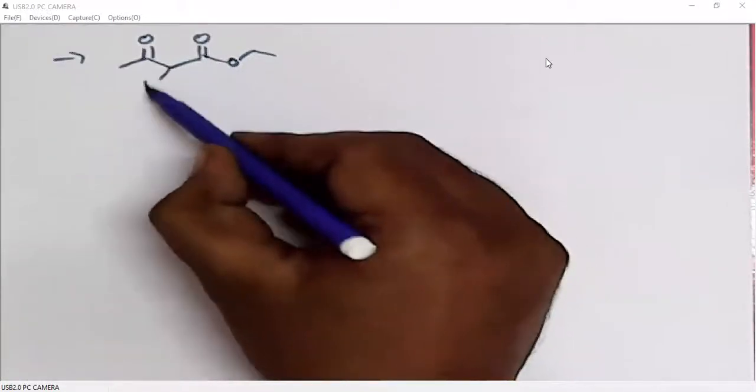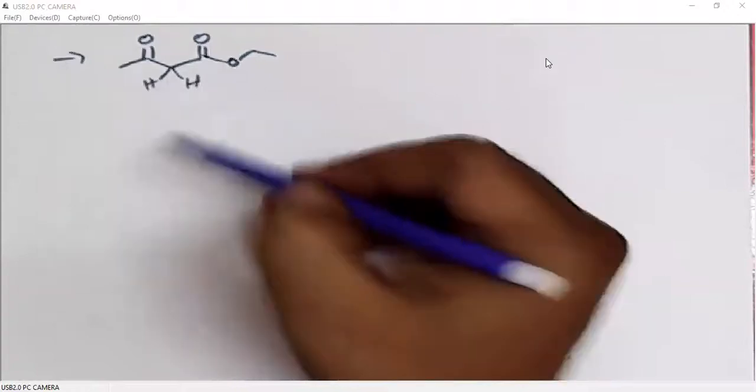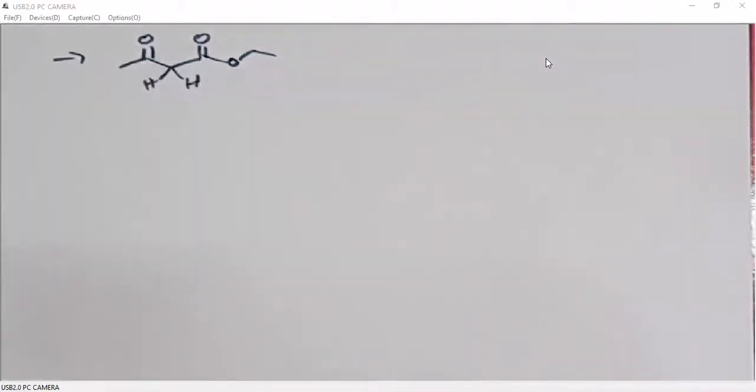At the same time, we also have acidic protons. So when there is a competition between the basic nature and nucleophilic nature of alkyl lithium reagents or any other reagents, first they will act as a base to abstract the proton.